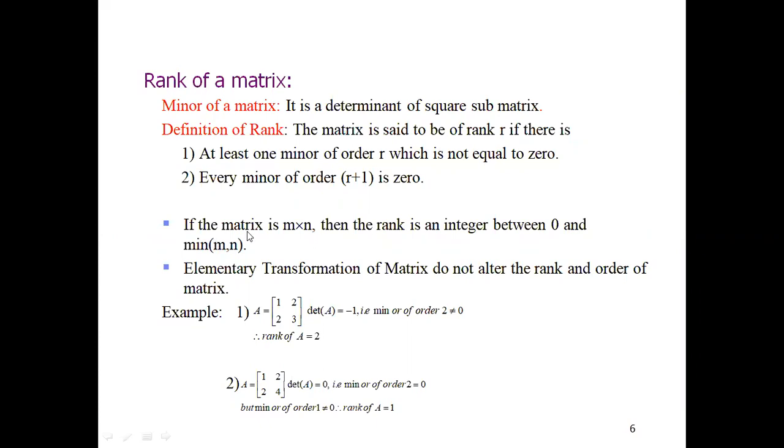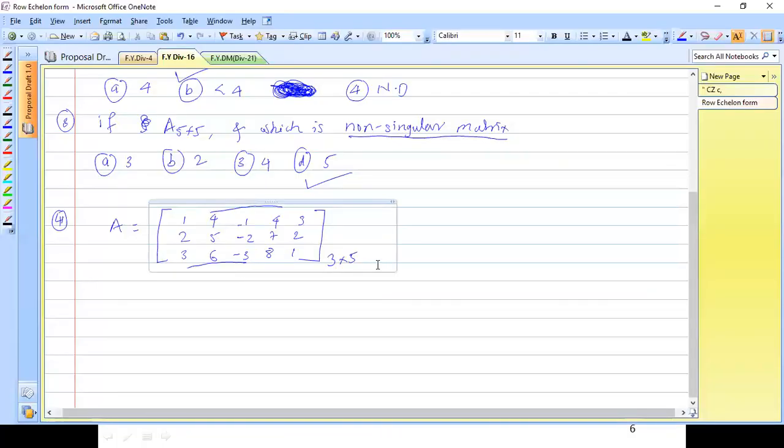Number 1: if the matrix is M cross N, then the rank is an integer between 0 and the minimum of M and N. See here also, whether the rank of that rectangular matrix will become 4. No. Why?